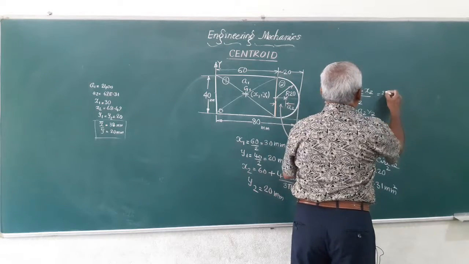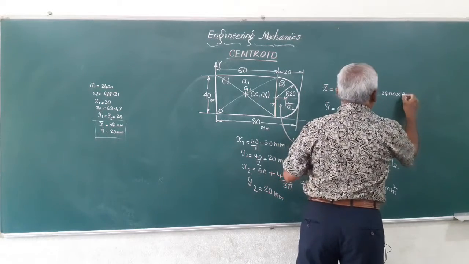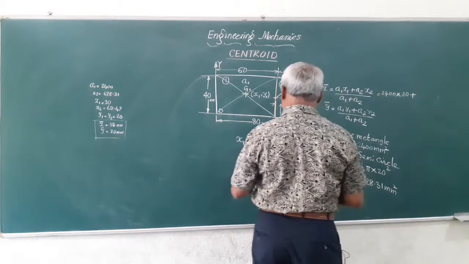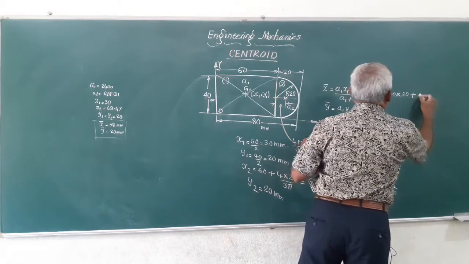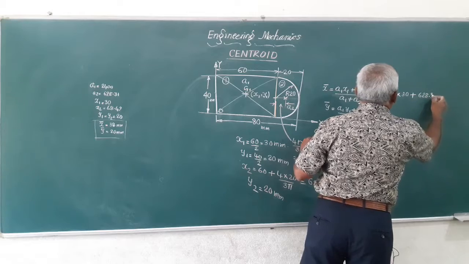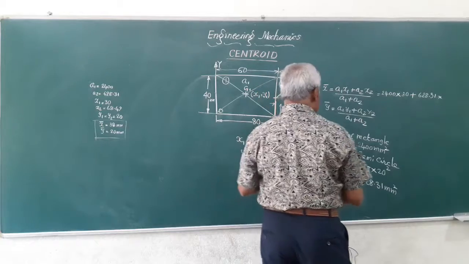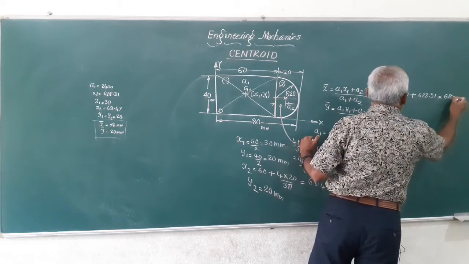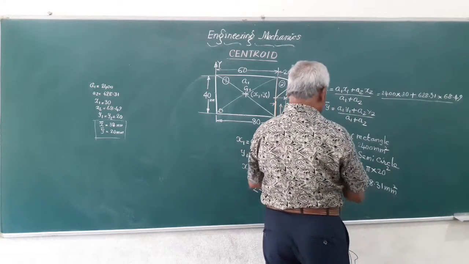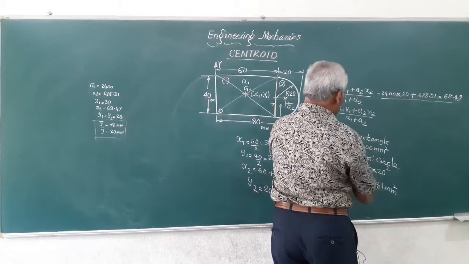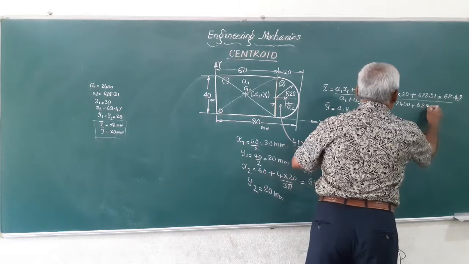That is 2400 into x1 value of 30 plus area 2, 628.31, multiplied by x2, the value of x2 being 68.49, divided by the combined area, 2400 plus 628.31.